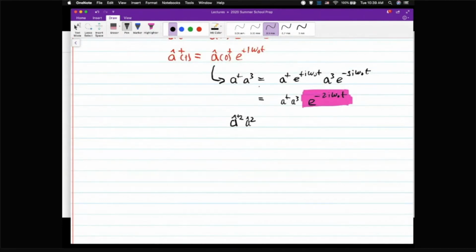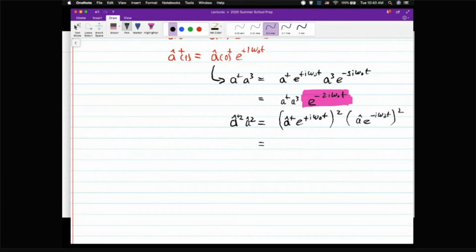So let me just focus now on another term in order to isolate the different kinds of behaviors you can have. Well, this term, if you think of it in this picture, looks like A dagger e to the plus I omega naught t squared times A e to the minus I omega naught t squared.